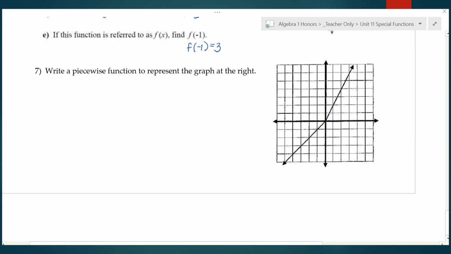Okay, last one. Write a piecewise function to represent the graph at the right. Okay, so we get to write our own piecewise function. So let's start with f of x equals big brackets. Now we're going to have 2 pieces because there's 2 lines here. So our job is to figure out the equation of that first line.